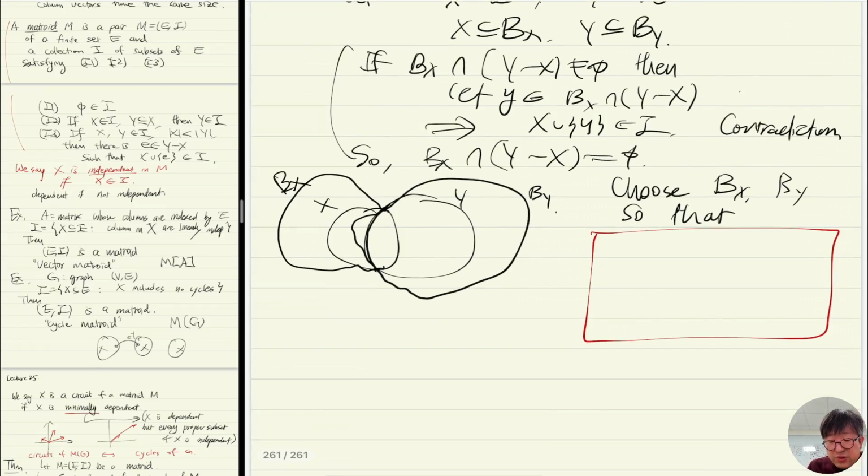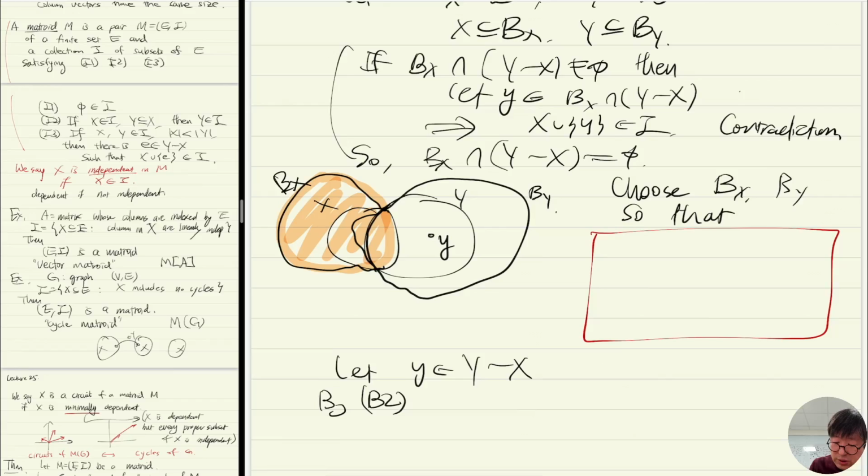So what I'm going to do is the trade between x and bx and by. bx does not contain any element of y. Okay, so where is bx? This is bx. Then let y be in y minus x.